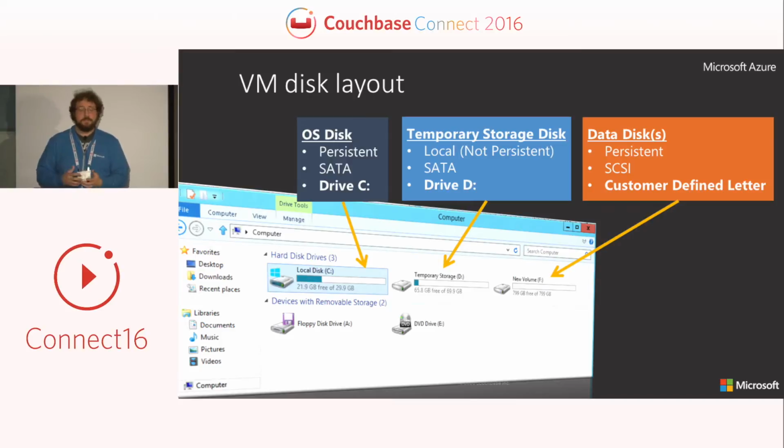And the third disk type is data disks. So with data disks, you can deploy disks to your virtual machine. We're going to save these disks on the storage, so those are persistent disks. So we keep the data on those disks. And you can attach multiple disks on a VM. Usually the ratio is 2 disks per core. So if your VM has 4 cores, you'll be able to attach up to 8 disks.